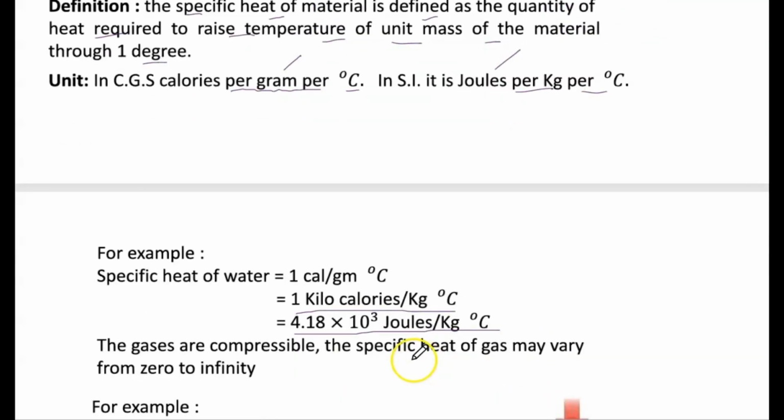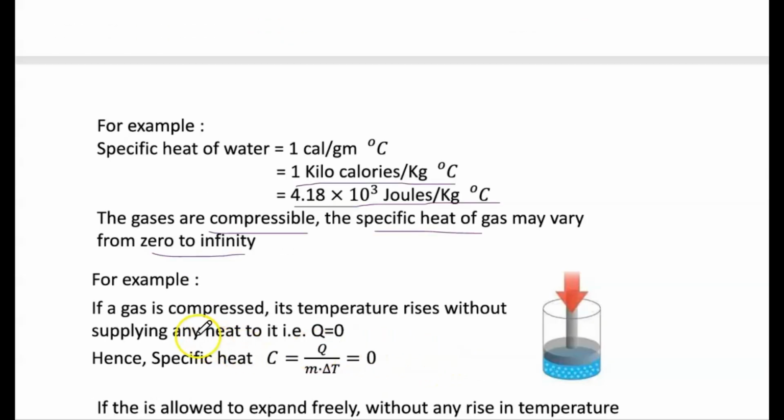Now, gases are compressible and the specific heat of a gas may vary from 0 to infinity. For example, if the gas is compressed, as in this diagram where we compress the gas downwards, the temperature rises without supplying any heat.